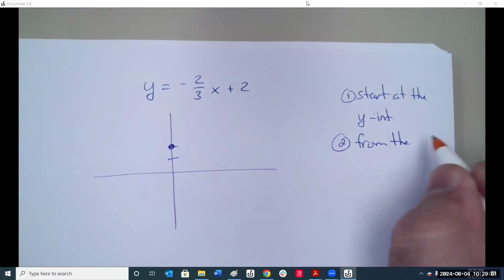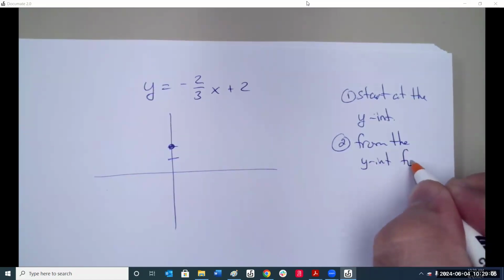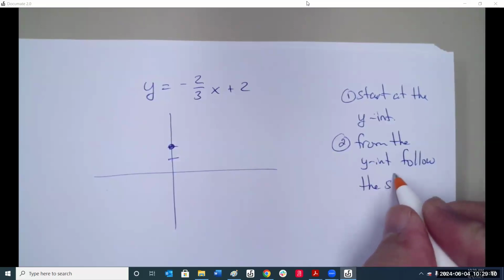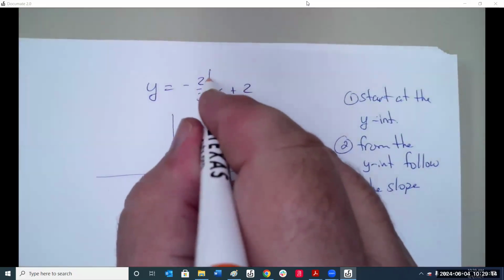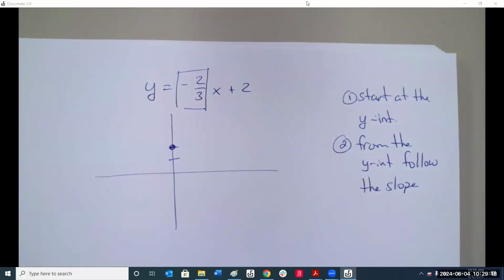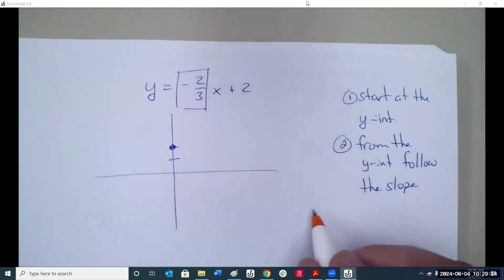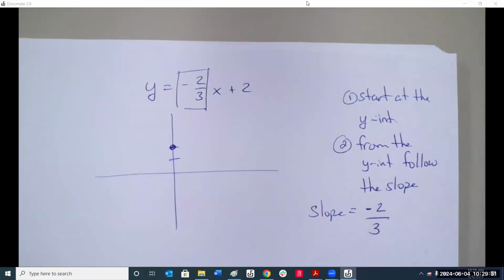So then from the y-intercept, follow the slope. The slope is whatever's in front of the x. So the slope of this equation is negative 2 over 3.